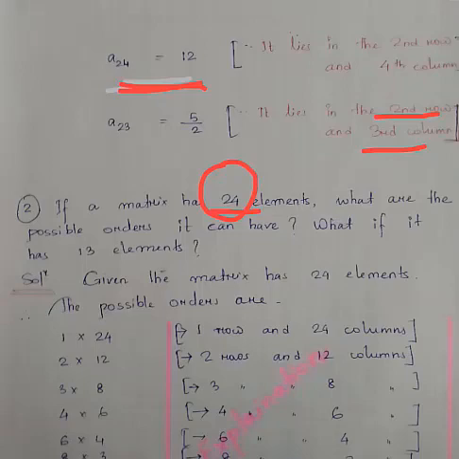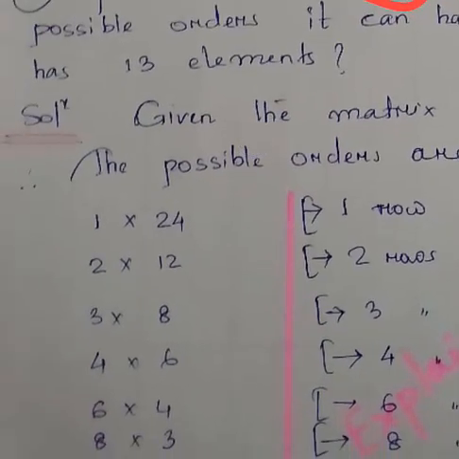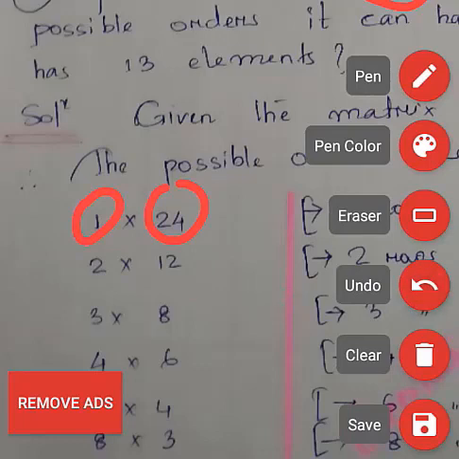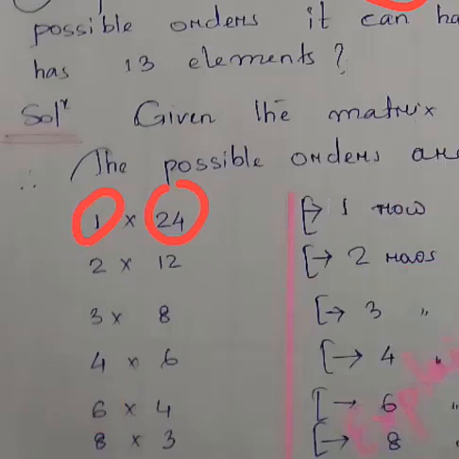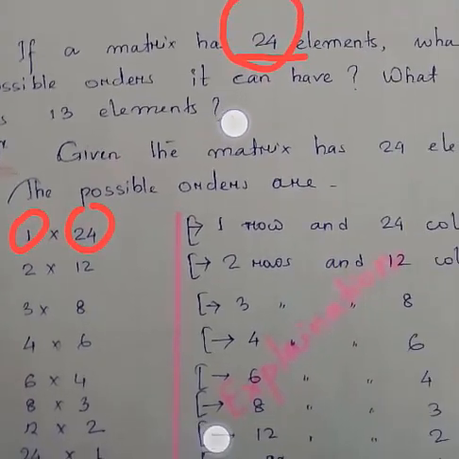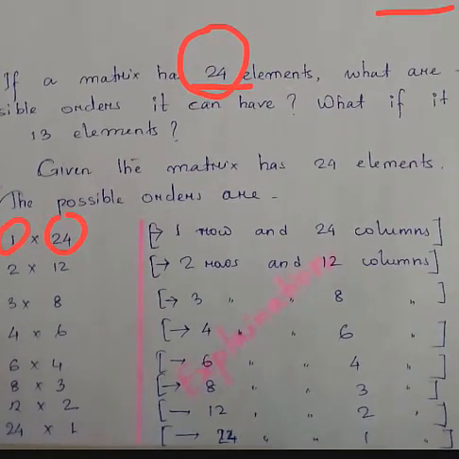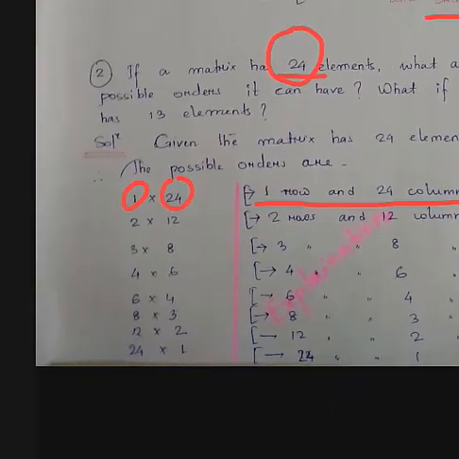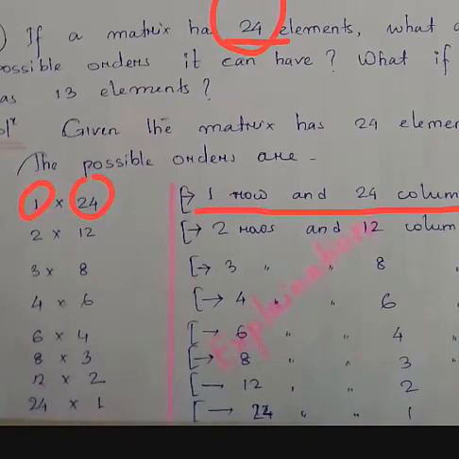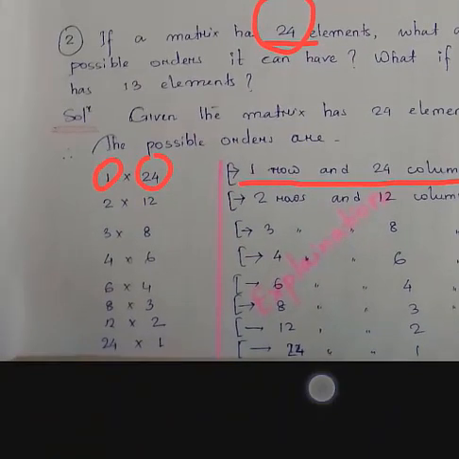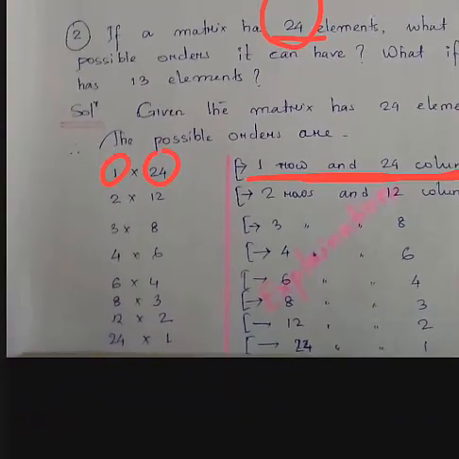When the matrix has only one row and 24 columns, the order of the matrix will be 1 by 24.